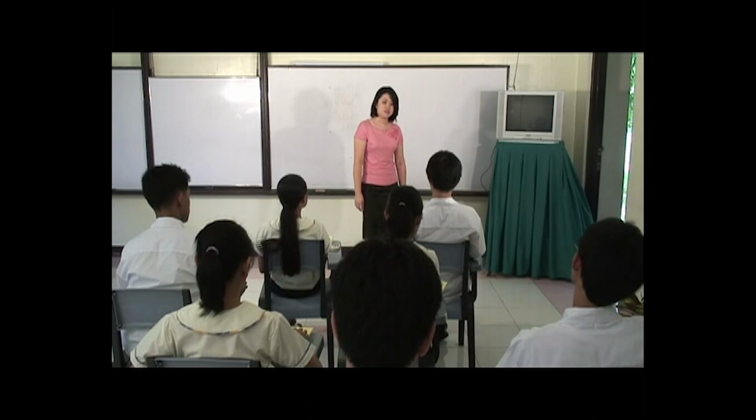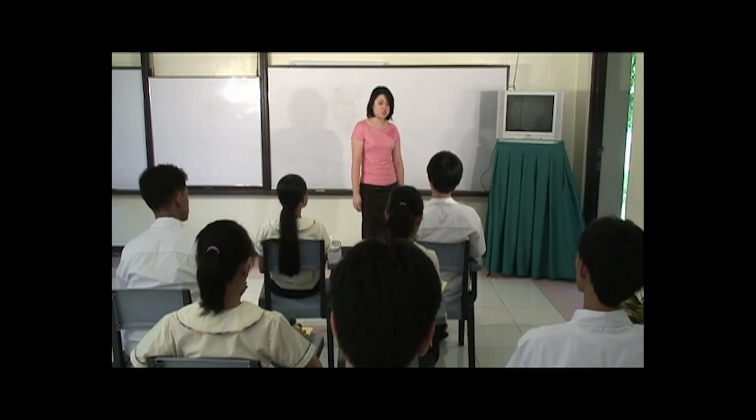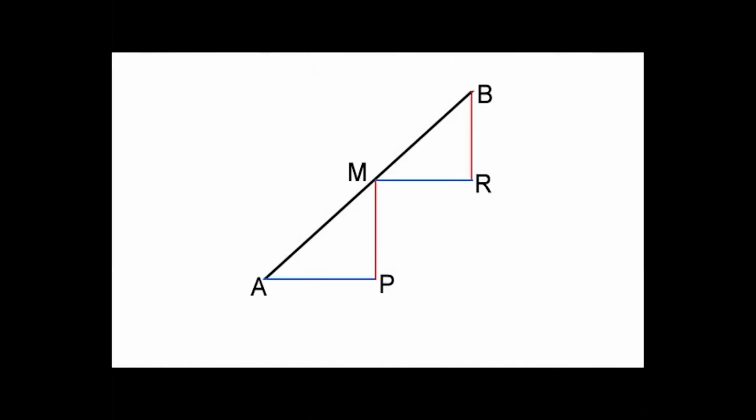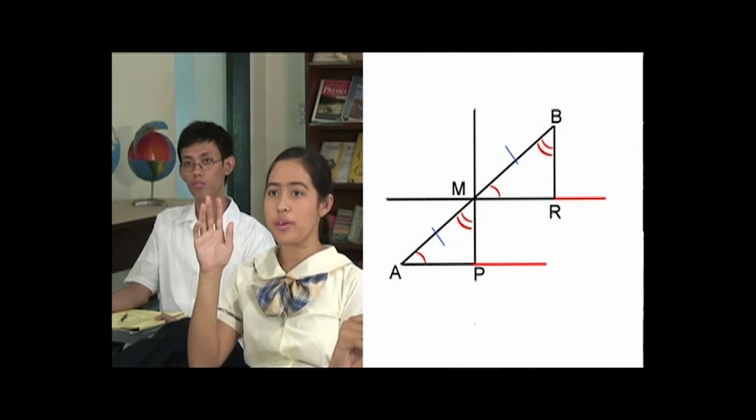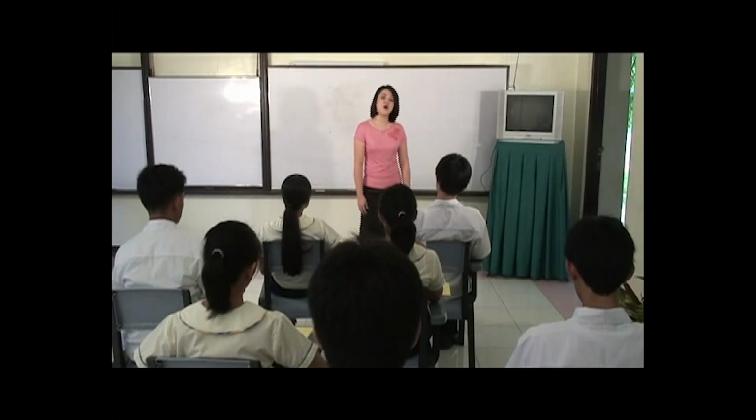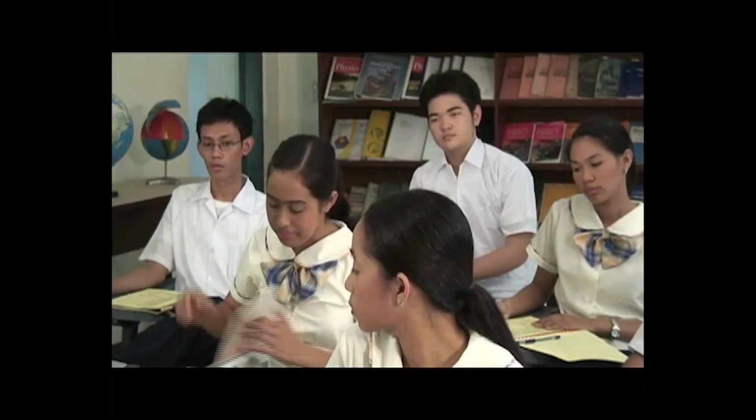Yes, that's right. Now let's go back to the two equations we have on the board. Can anyone tell me how we can get the value of x? Since AP and MR are congruent, their lengths are equal. Can I solve for x on the board, Miss Michelle? Yes, sure. Go ahead, Dancel.